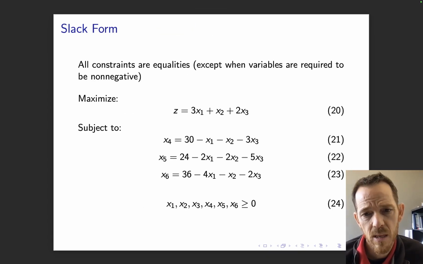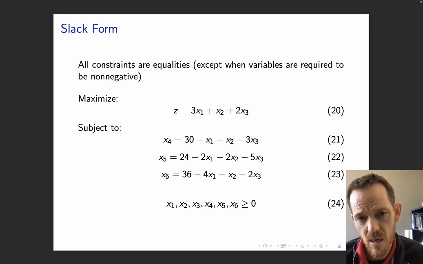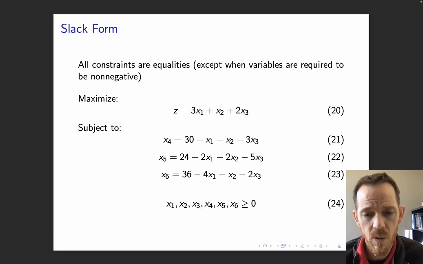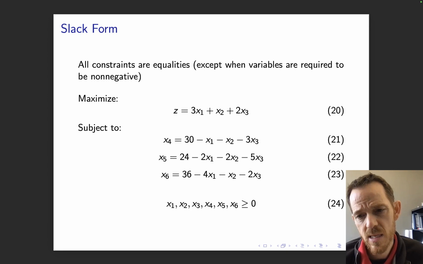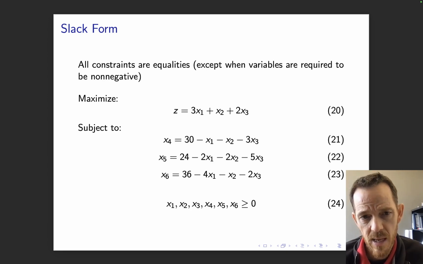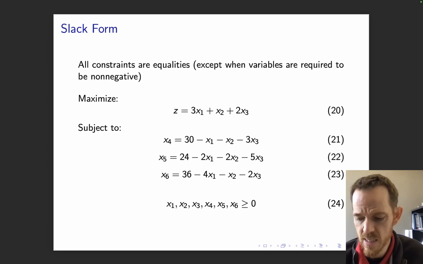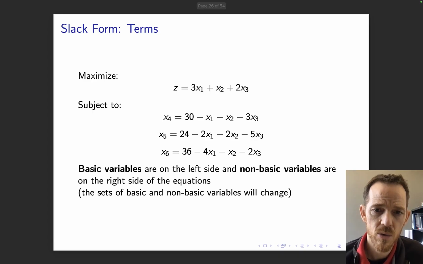So here all the constraints are equalities except the variables that are required to be non-negative. And so now this is in slack form, and we're ready to apply the simplex algorithm to solve it.